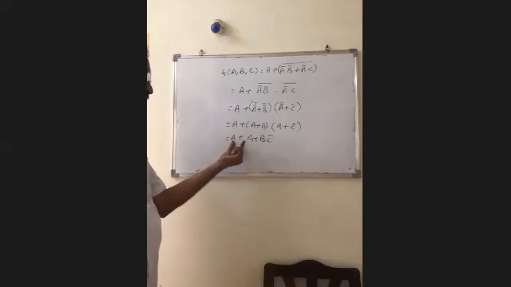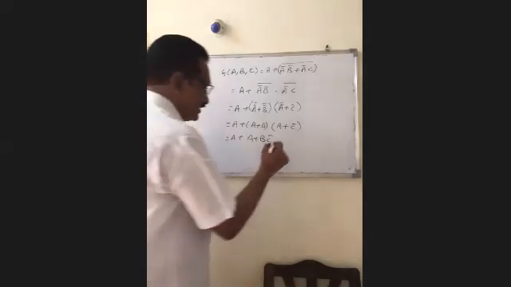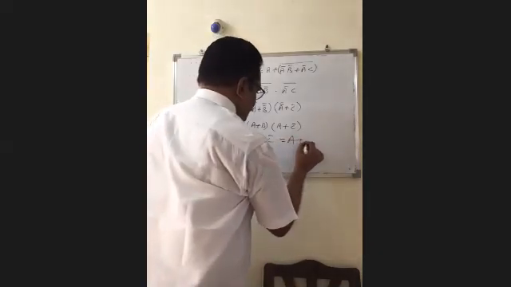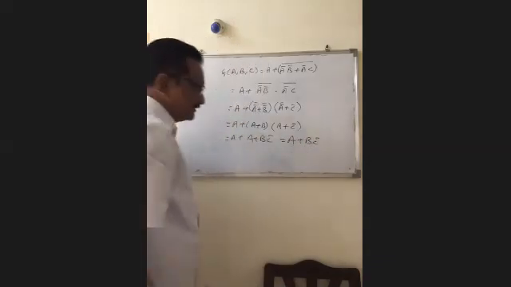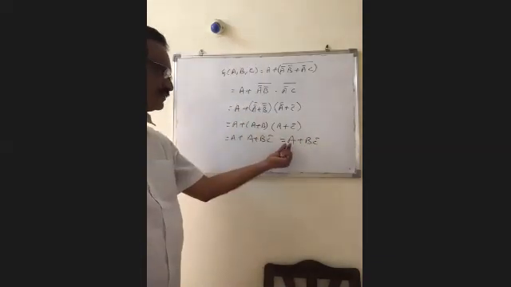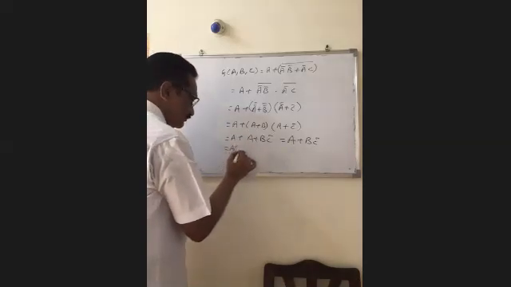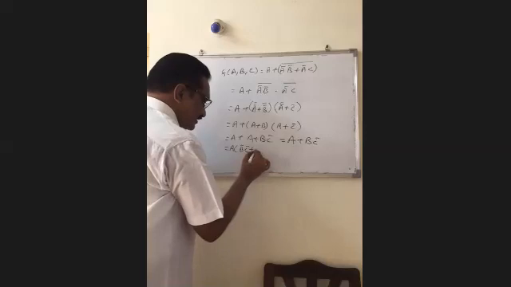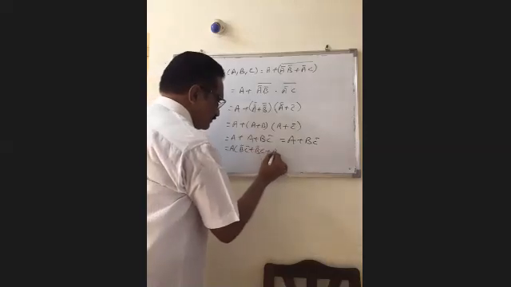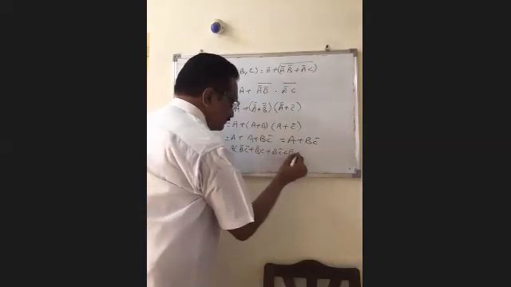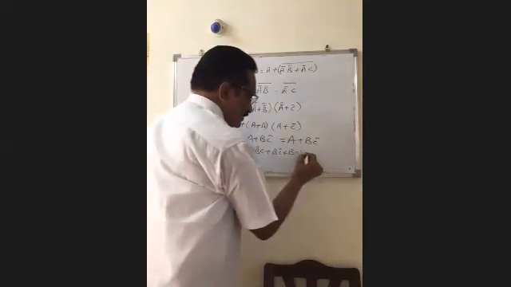A plus A equal to A only. So it can be written as A plus BC bar. So in this one, two variables are missing. So you have to write A into B bar C bar plus B bar C plus B C bar plus BC. In this one variable is missing.